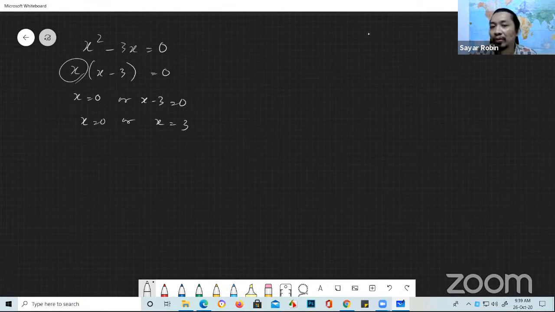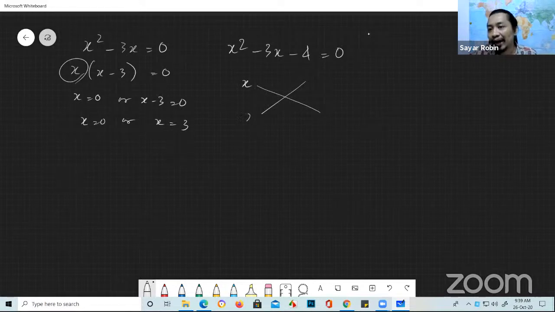Then let's move on. x squared minus 3x minus 4 equal to 0. How are you going to solve this equation? We are going to factorize simply by using the cross method. The possible factors of x squared are x and x, and the possible factors of 4 are 4 and 1, or 2 and 2.